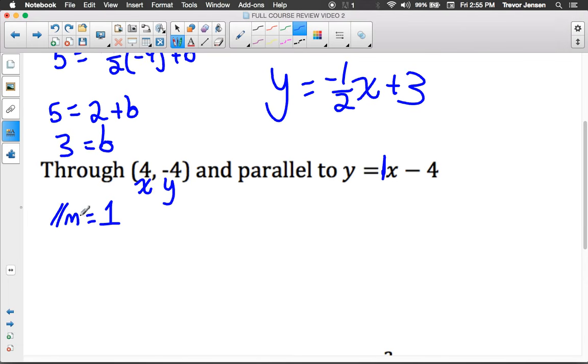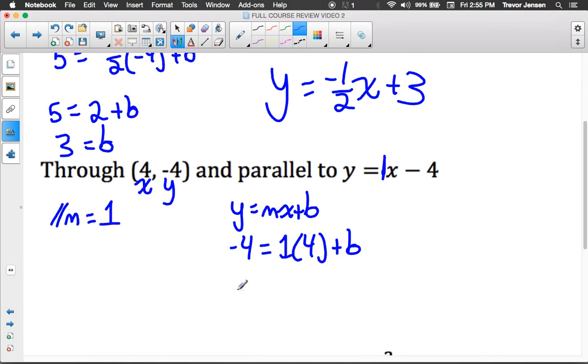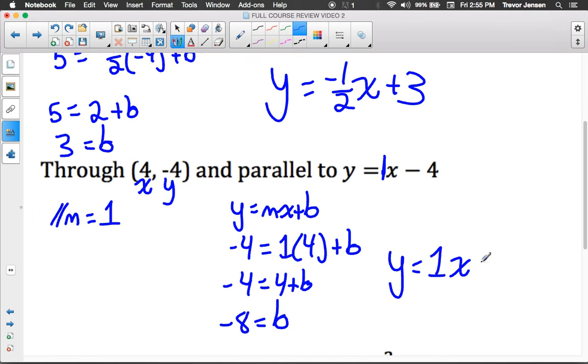I can use the x, the y, and the m, plug into y equals mx plus b, and solve for b. Remember, y equals mx plus b. -4 is y. 1 is m. X is 4. Solve for b. So -4 equals 4 plus b. Move this 4 over. -4 minus 4 is -8. So my final answer, y equals 1x minus 8.